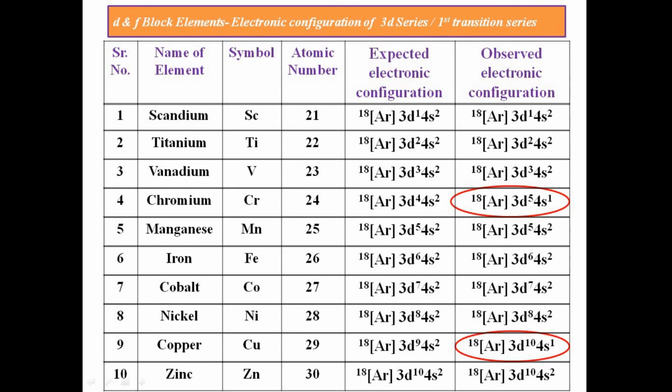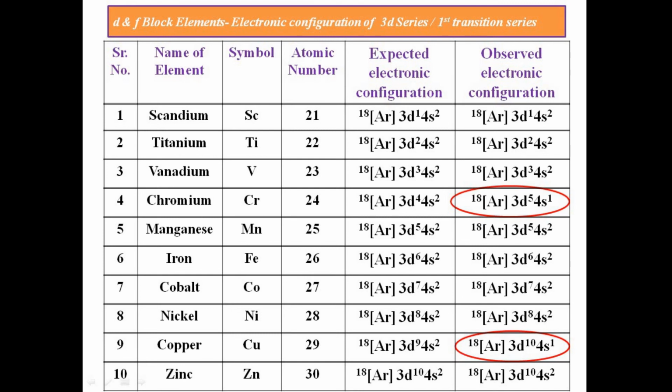Why do chromium and copper behave differently? One reason for their exceptional behavior is that to attain maximum stability, one electron from 4s in both cases shifts to 3d. So in the case of chromium, 3d becomes exactly half filled, and in the case of copper, 3d becomes completely filled.